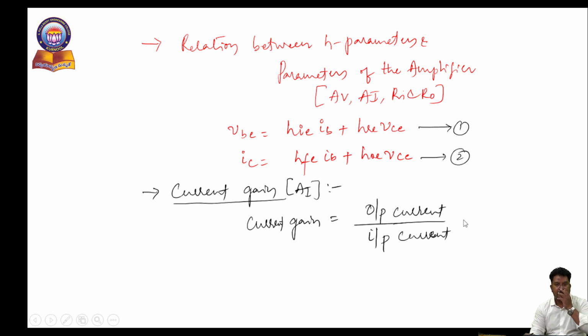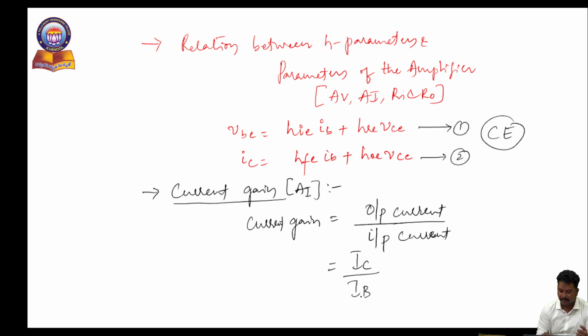In the analysis of H parameters as well as the parameters of the amplifier, among the three configurations, I am considering the common emitter configuration only. In the common emitter configuration, the output current is nothing but IC, and the input current is IB.